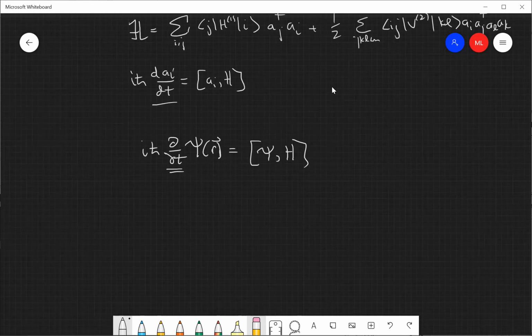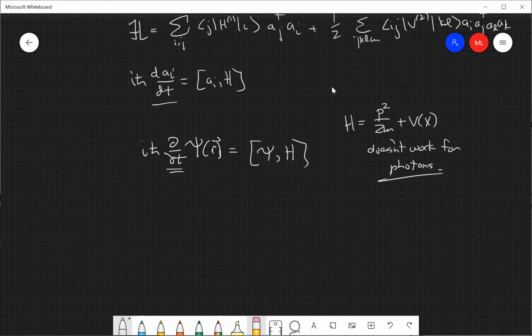So you're forced immediately, when you're dealing with electricity and magnetism, to consider particles that can't be treated with the usual Hamiltonian that we keep writing down, right? H equals p squared over 2m plus V of x. This doesn't work for photons. And that's the issue.